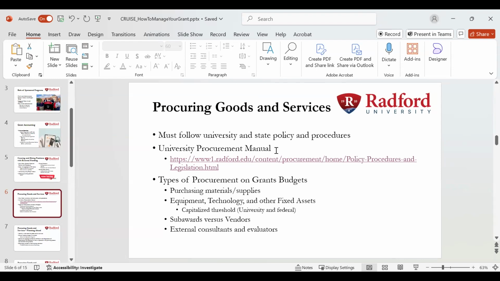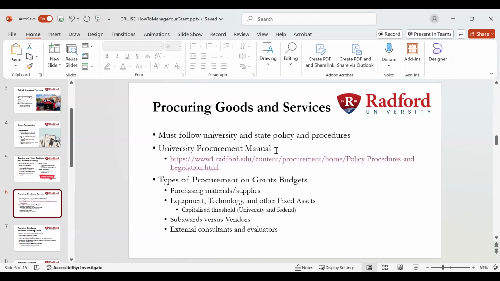Subawards are essentially your co-PIs, external entities that you would deem a co-investigator. What that essentially means is they're going to help you run the project. They will have some say in the programmatic direction of your project, and they will also co-author any scholarship, publications, or presentations with you. So if you're working with individuals or entities that have that sort of significant say in the project, then chances are they're going to be a subaward.